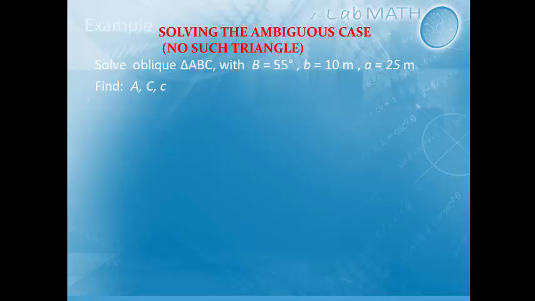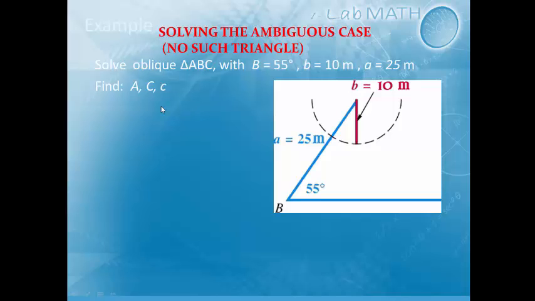In this case, we're not able to solve a triangle, so the triangle does not exist. Solve triangle ABC with angle B equal to 55 degrees, side b equal to 10 meters, and a is 25 meters. So solving the triangle, we're supposed to look for the three unknown parts of the triangle. So we have this figure.